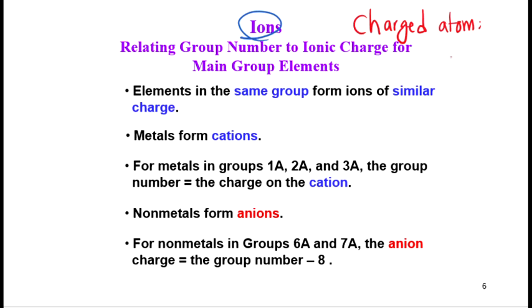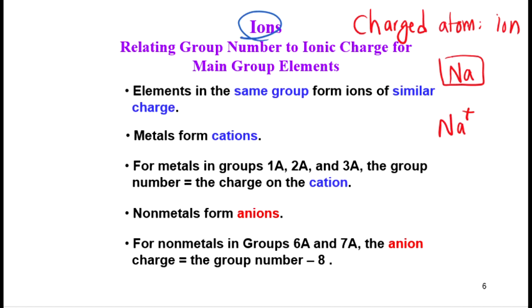So if we have a charged atom, we call it an ion. If I say Na, I'm talking about a sodium atom. If I say Na+, look here, this atom has a charge, so I call that an ion. So charged atom means ion.